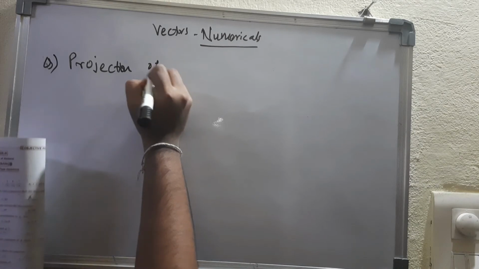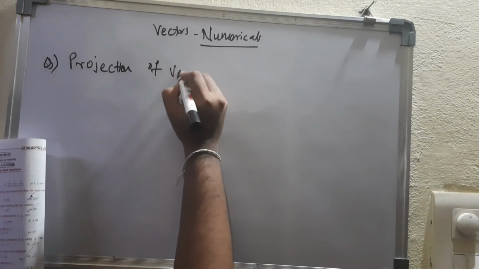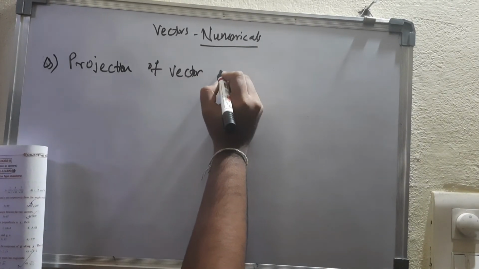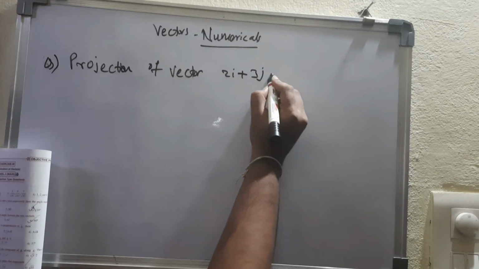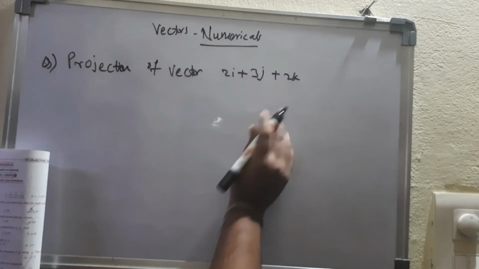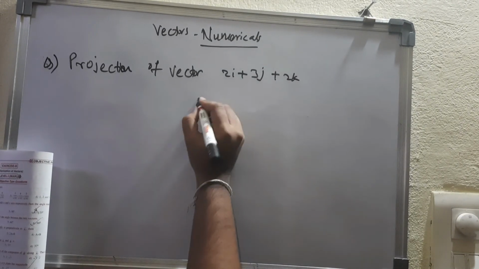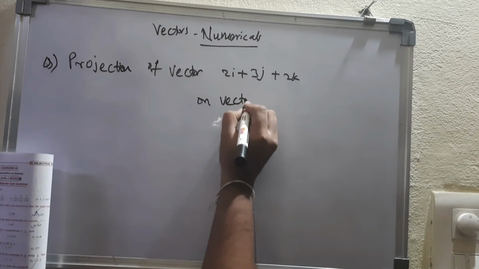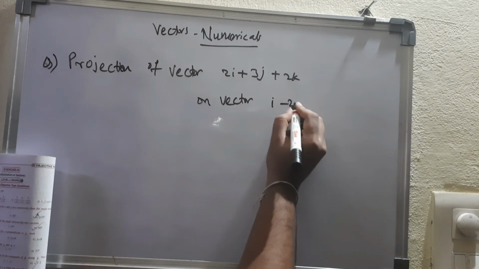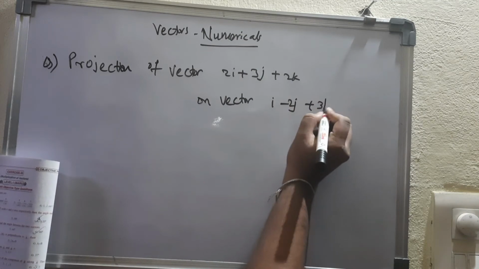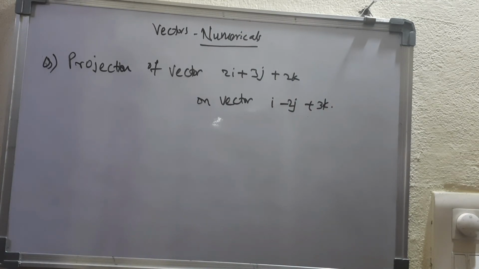So projection of vector 2i plus 3j plus 2k on vector i minus 2j plus 3k. This is the question. Take a look at the question.